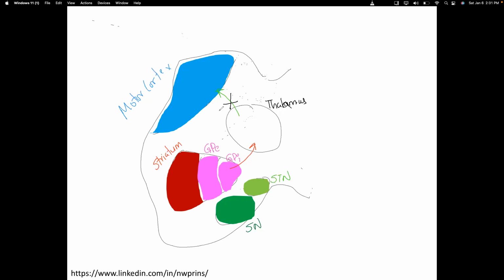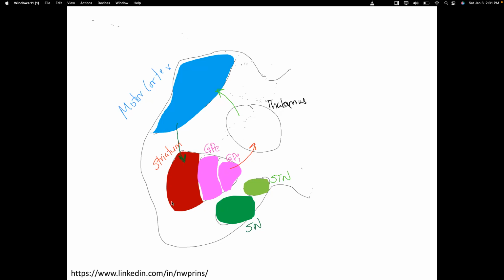So when we want to start walking, what we want to do is to inactivate this in order for the motor cortex to be activated. Think of it like that. So what happens is the motor cortex has an excitatory connection to the striatum, asking, okay, now I want to move.